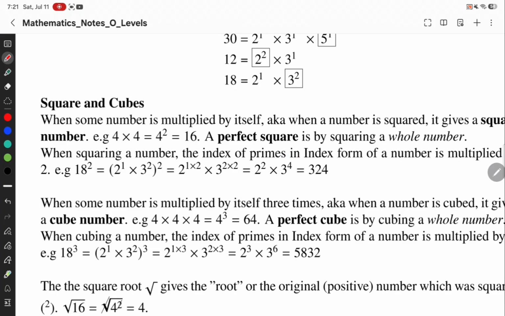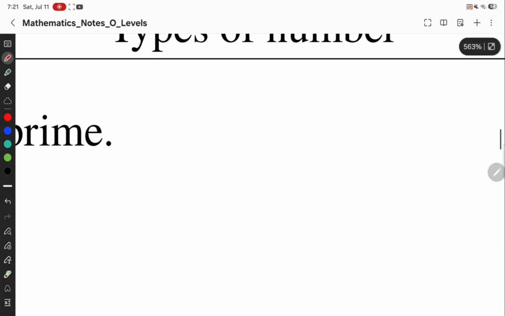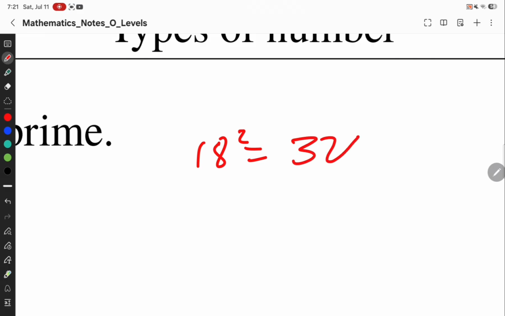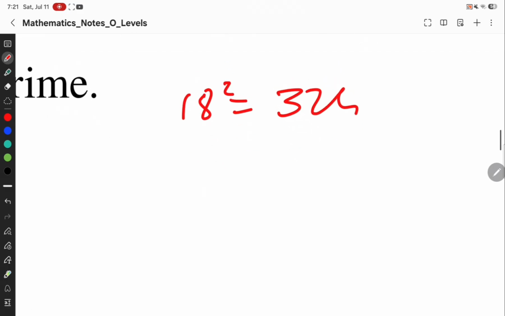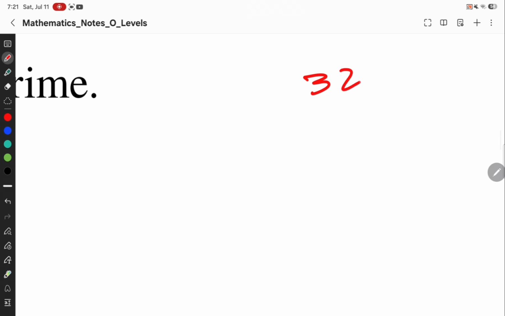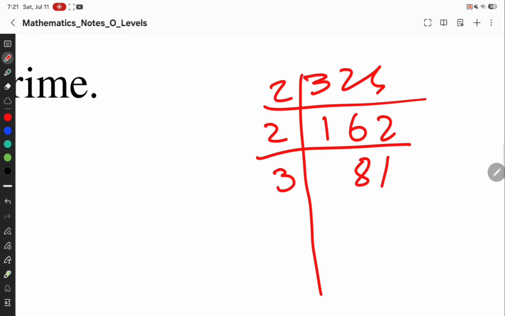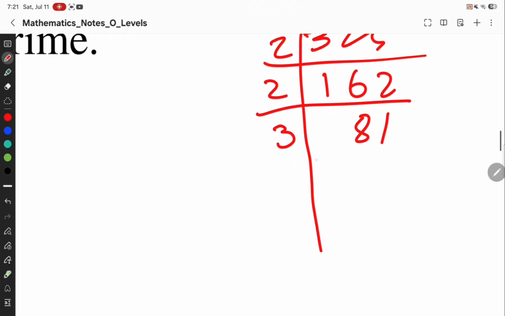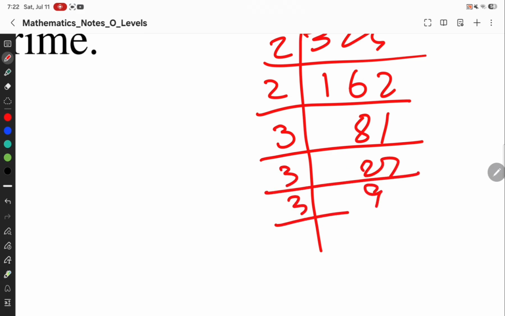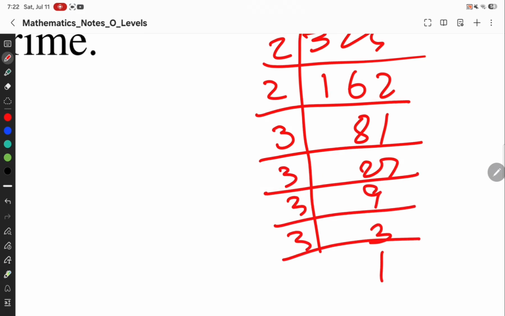You can also see this by doing it in this fraction. 18 squared is equal to 324, and if we do prime factorization of 324, 2, so this is 162, 2, 81. Now 81 is not divisible by 2, so 3, we get 27, 3, 9, 3, 3, 3, 1.